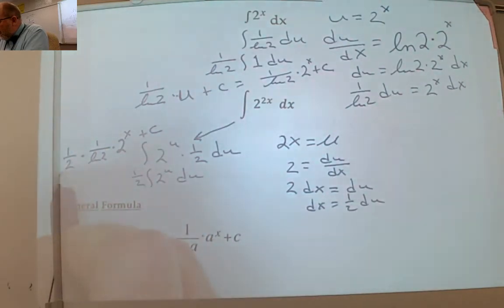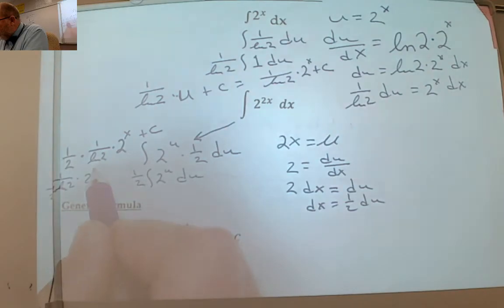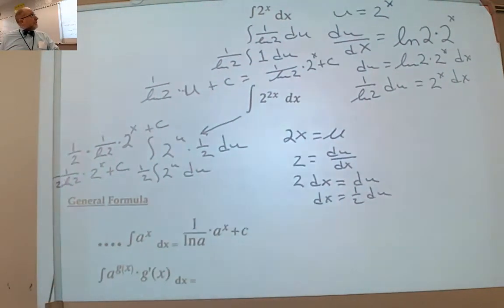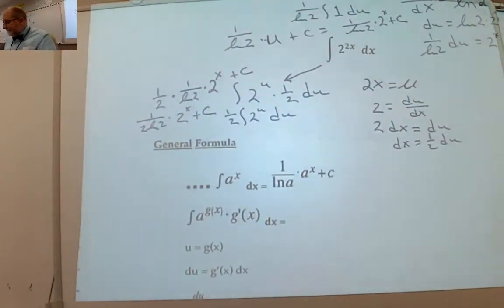Or 1 over 2 ln of 2 times 2 to the 2x plus c. Okay?